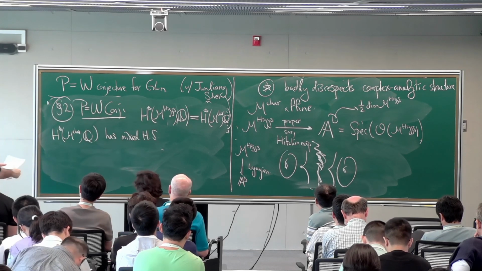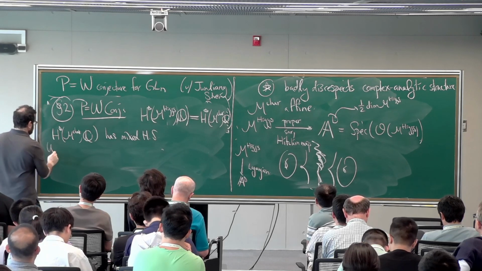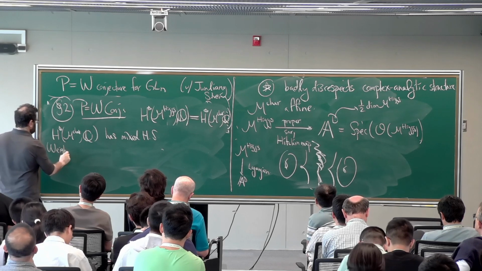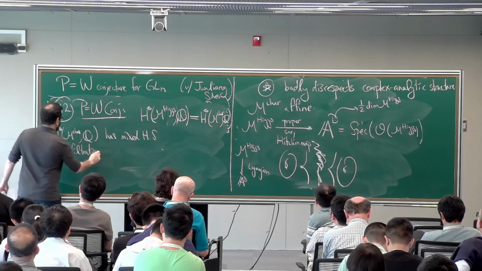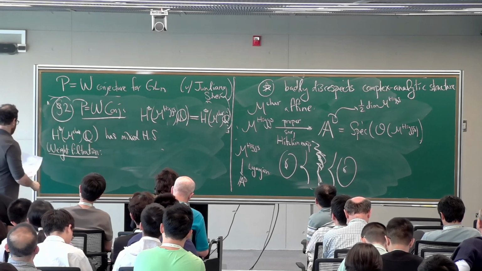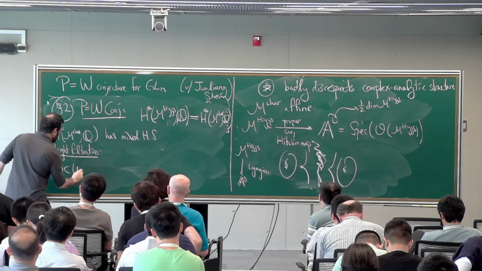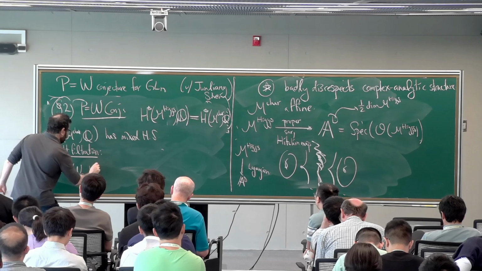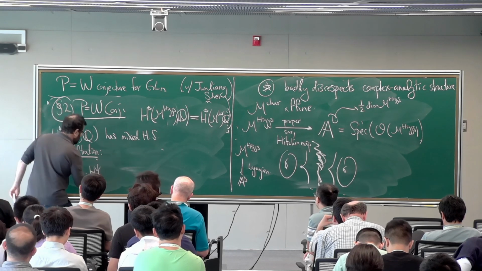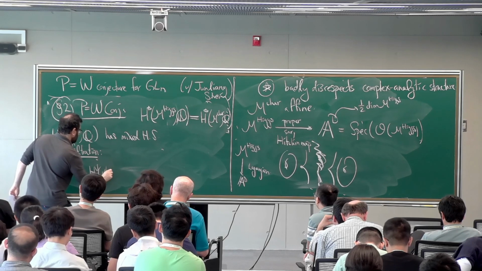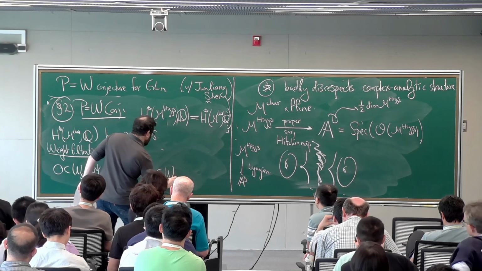In particular, that means it carries an increasing filtration called the weight filtration. This was defined by Deligne in the 70s. It is an increasing filtration that, if I'm doing cohomology in degree j, starts at weight j and increases until I stop at weight 2j.